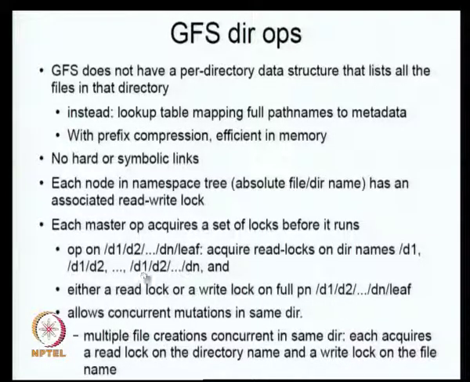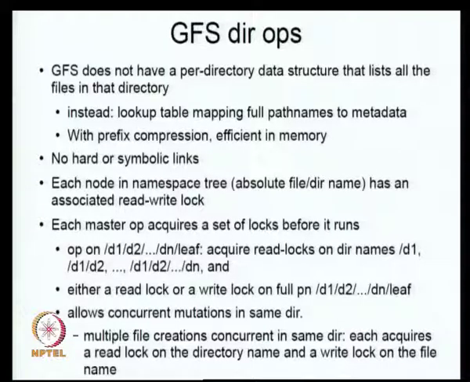Notice that in a regular file system, each party has to take a lock on dn, because they are going to add something to the directory. When you do a create, for example, you are going to add something to a directory, and that has to be exclusively written.